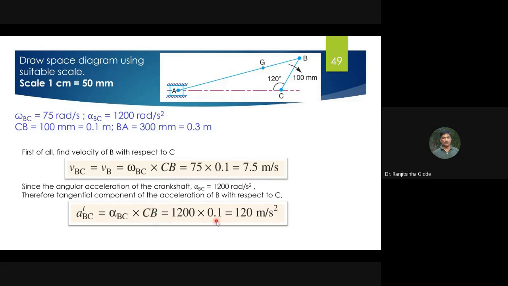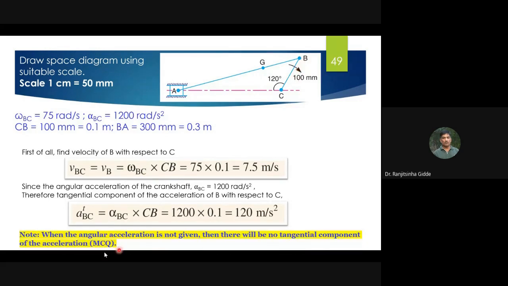The link length is 0.1 meter into 1200. So we got 120 meter per second square as the tangential component for this link. This is the important sentence mentioned at the bottom: when the angular acceleration is not given, then there will be no tangential component of the acceleration. This may be asked in the MCQ.